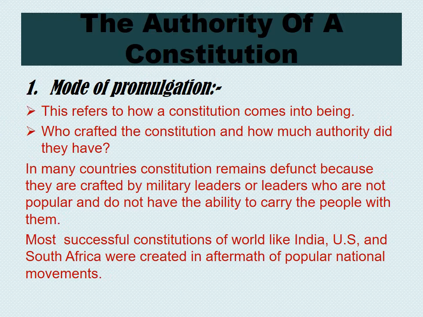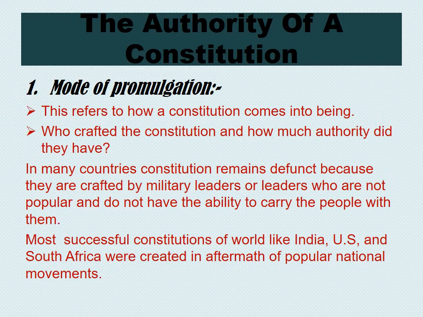So it took 2 years, 11 months and 18 days to craft the constitution, and the task of crafting the constitution was given to the drafting committee, and the chairman of the drafting committee was Dr. B.R. Ambedkar. So it drew upon a long history of the nationalist movement that had a remarkable ability to take different sections of Indian society together.